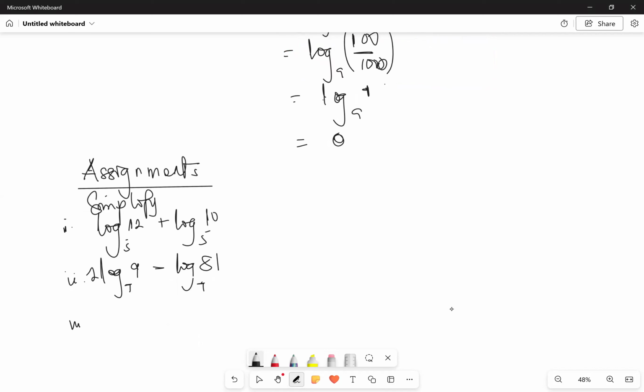III: log 24 base 3 plus log 15 base 3 minus log 10 base 3.